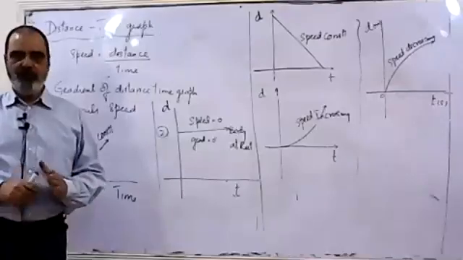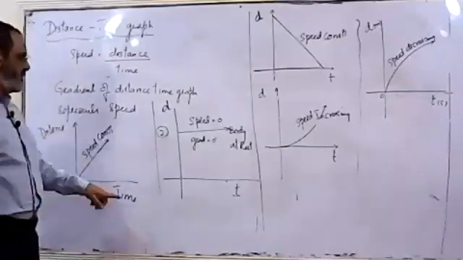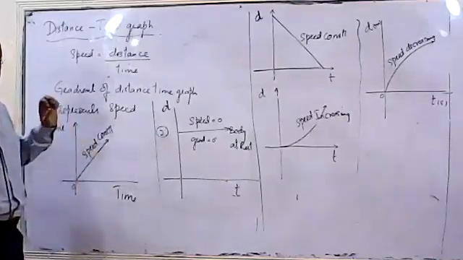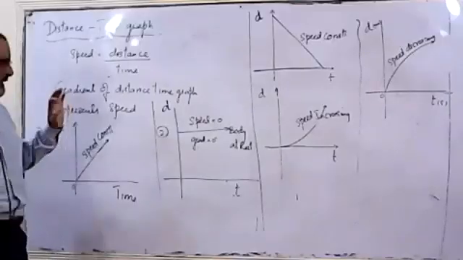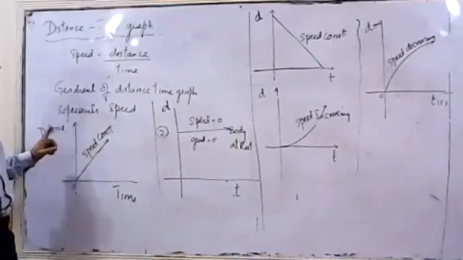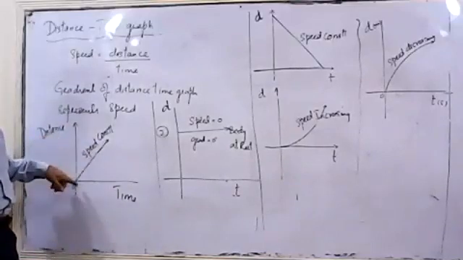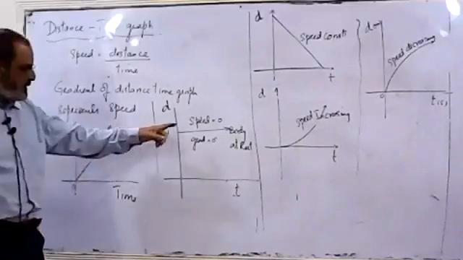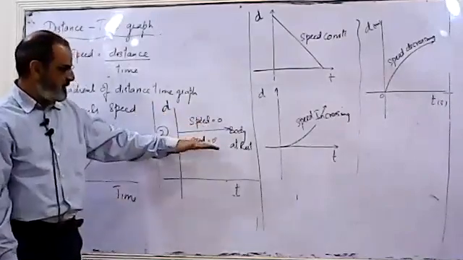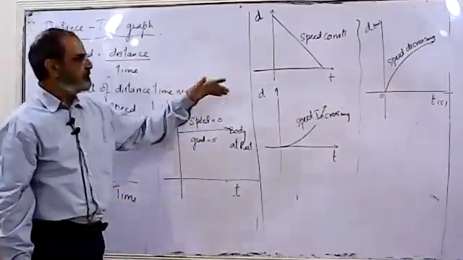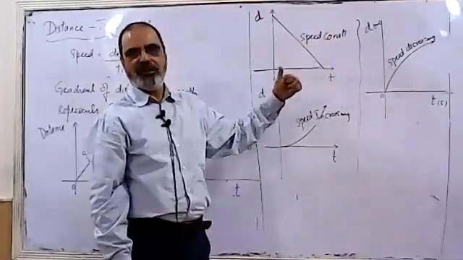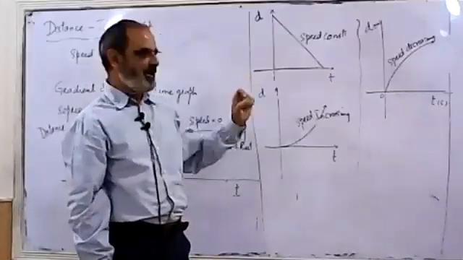If the line is straight, speed is constant. If it is horizontal, the gradient is 0, so speed is 0. And speed is a scalar quantity, it is always positive, it will never be negative.